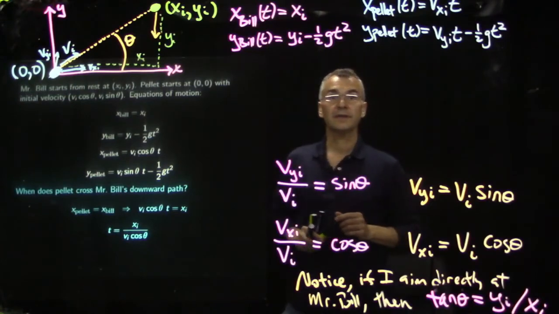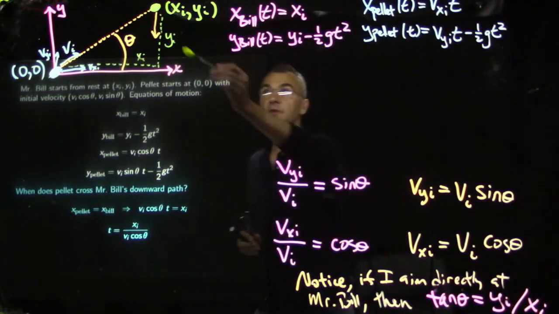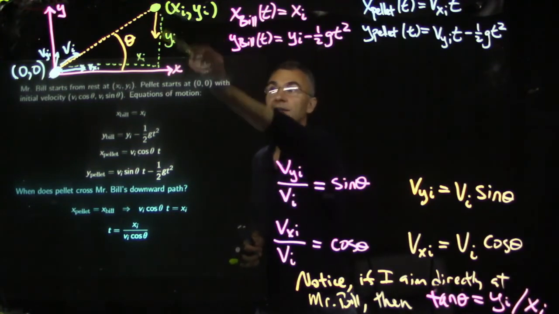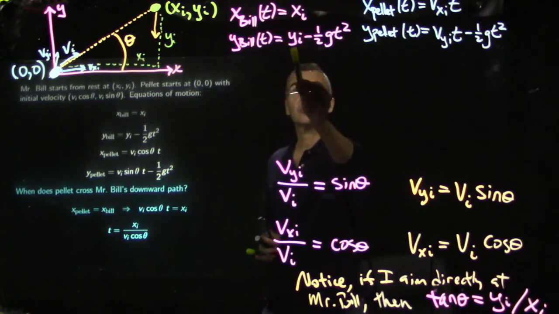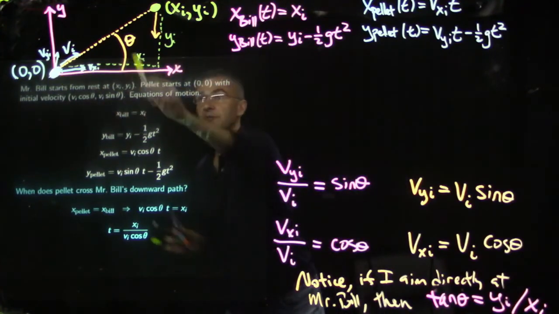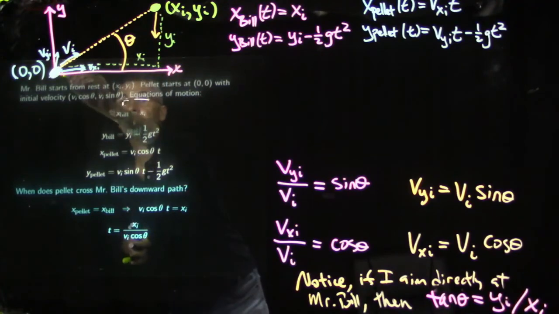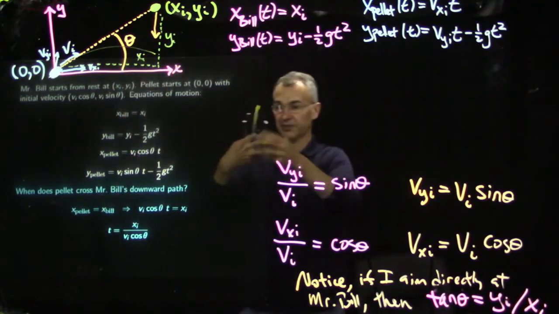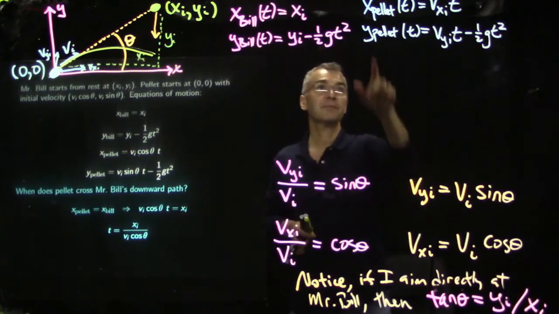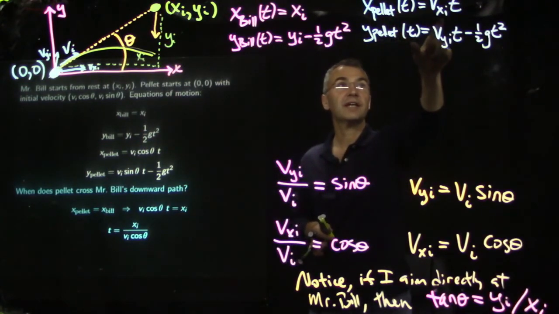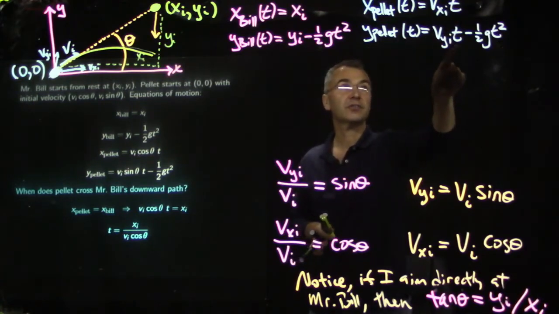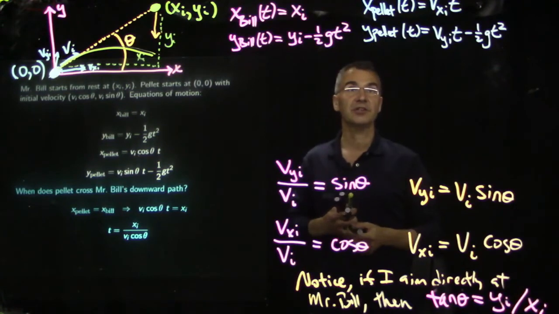So we know that Mr. Bill will have a constant x value, x equals x initial, but his y value will follow y initial minus 1/2 gt squared. We know that the pellet will follow the parabolic arc of projectile motion, described by x of the pellet is Vx initial times time, y of the pellet is Vy initial times time minus 1/2 gt squared.